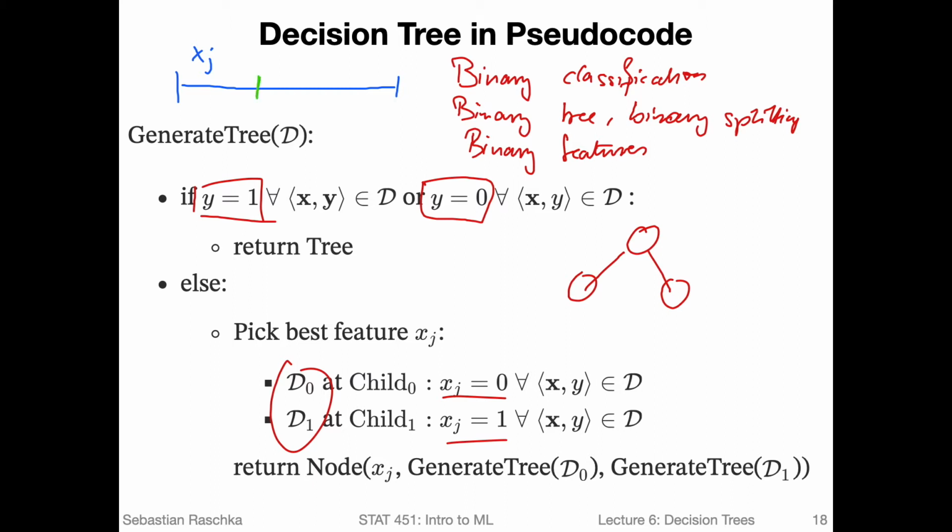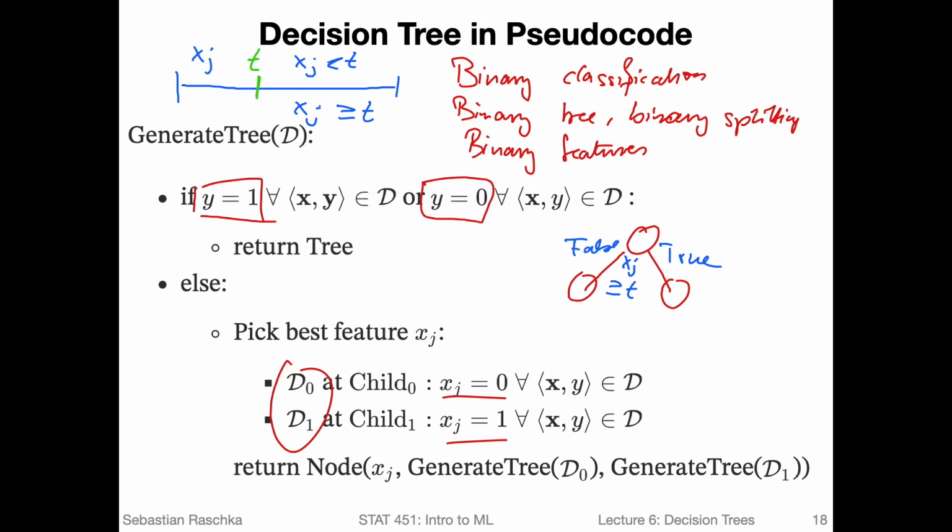For example, we can set a threshold t, and then we can say xj smaller than t, or xj greater or equal to t, and we can use that as a decision criterion. For example, we can use xj greater or equal to t, and then we can set it true or false here.